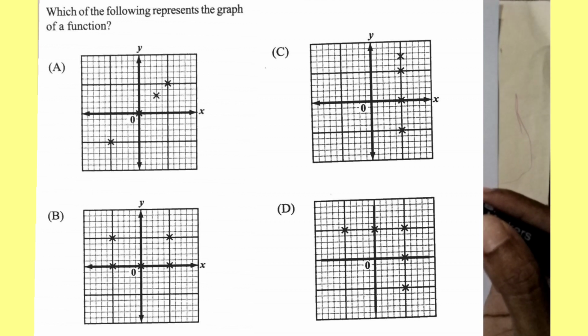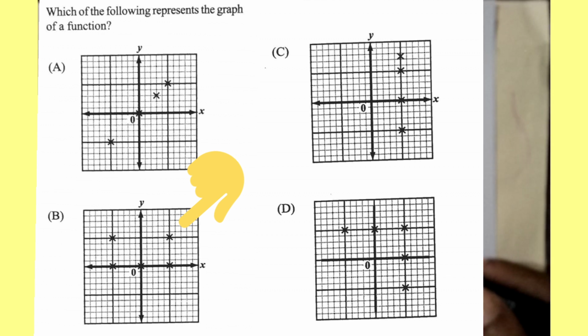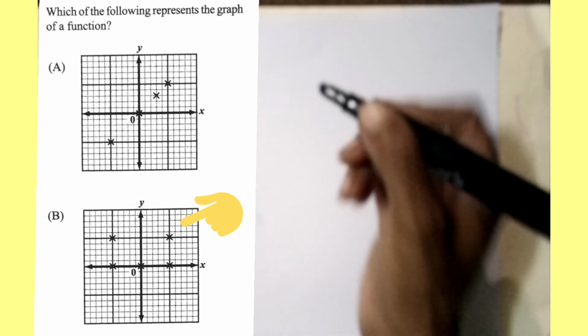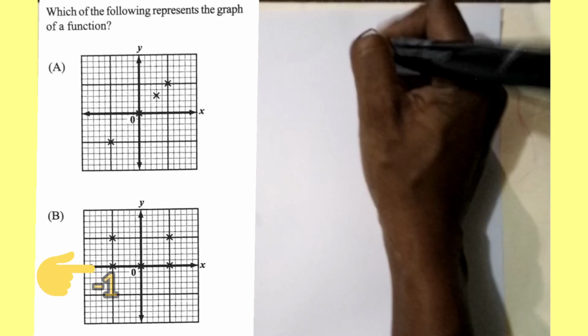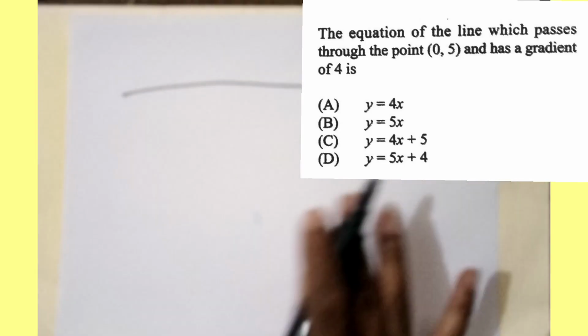So if you look at B, you'll see that 1 unit there in B is mapped onto 0 in the range, and it is also mapped onto 1 unit in the range. And the same goes for -2. So you could look at the others just to double check.